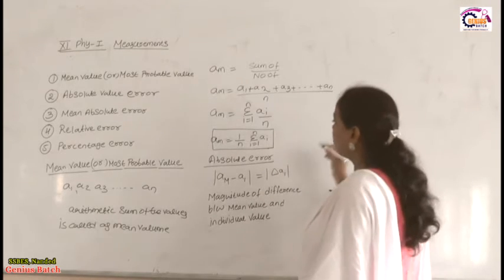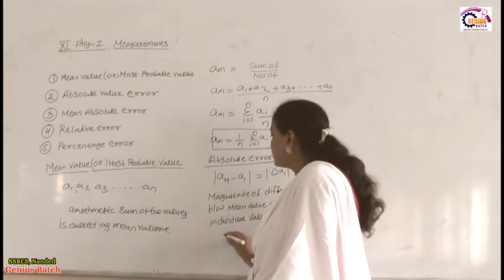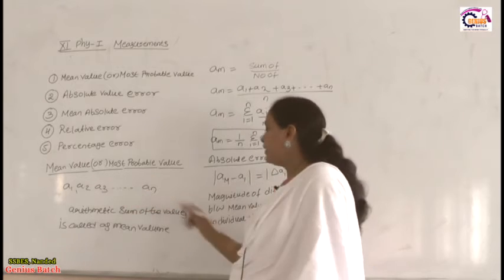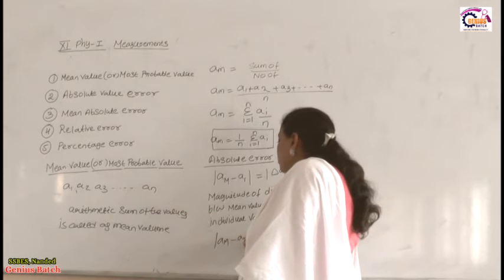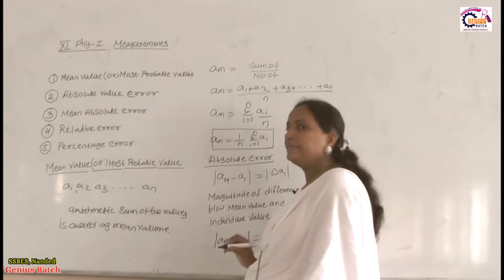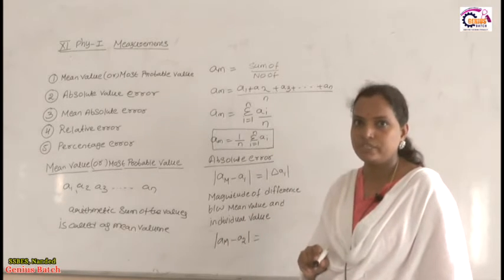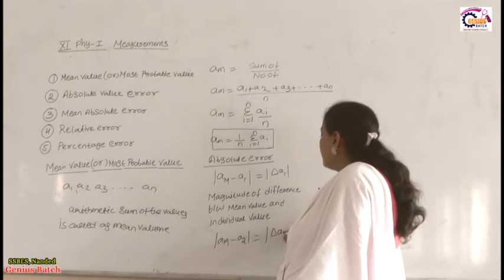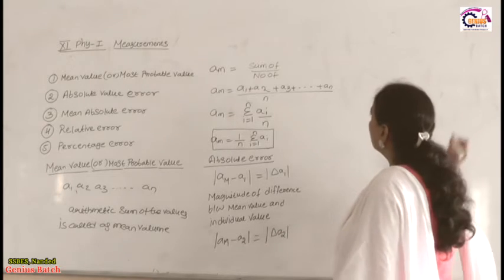First one is Am minus A1. For the second value, what is the second value? A2. Am minus A2. Mean value remains the same for every individual value; the individual value changes. So Am minus A2 is equal to delta A2.